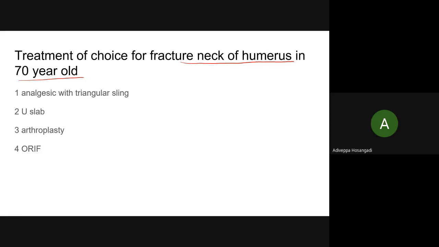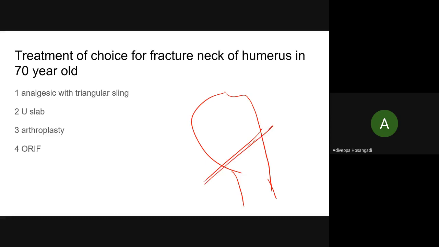Treatment of choice for fracture neck of humerus. This is humerus, please remember, not the femur. The fracture will be here.